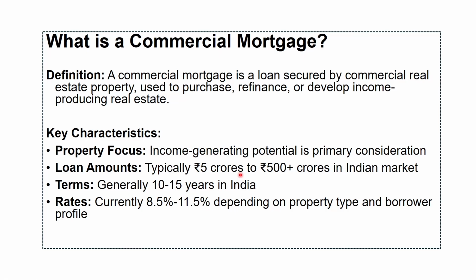Terms are also around 10 to 15 years, and interest rates are between 8.5 to 11.5%, that is if you are talking currently, varying by property and the borrower. So, it will depend on certain circumstances of the borrower or the kind of property we are talking about.